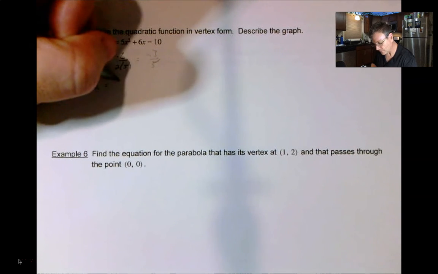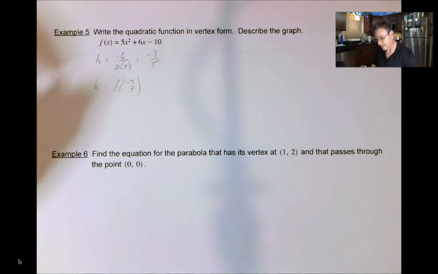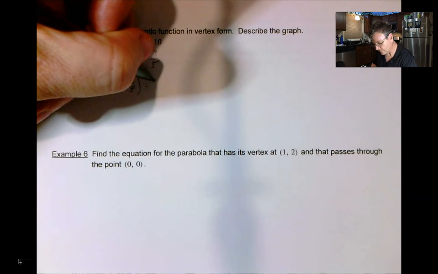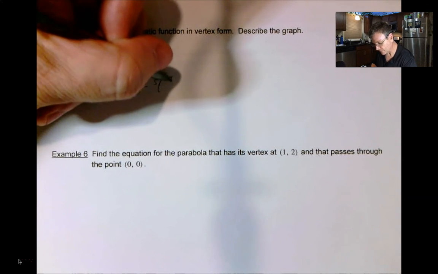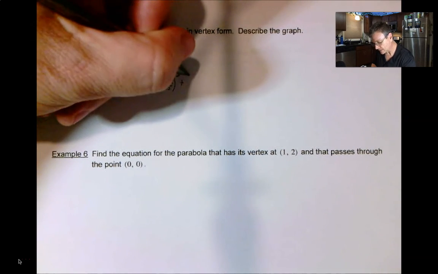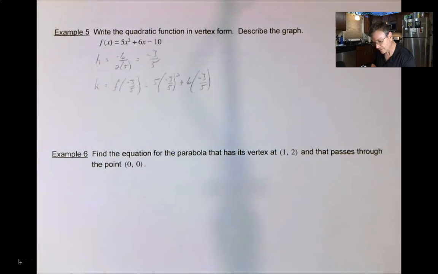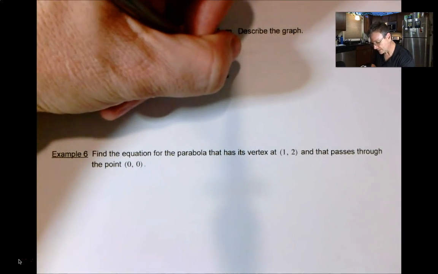K is equal to f of negative 3 fifths, which equals 5 times negative 3 fifths squared plus 6 times negative 3 fifths minus 10.